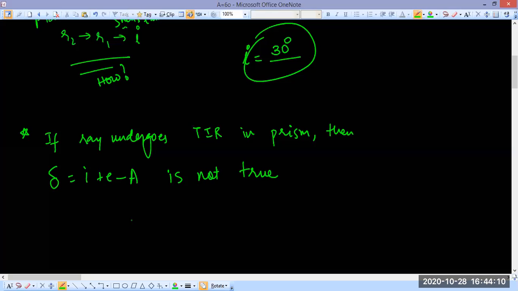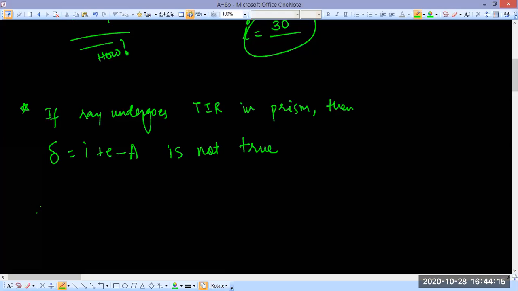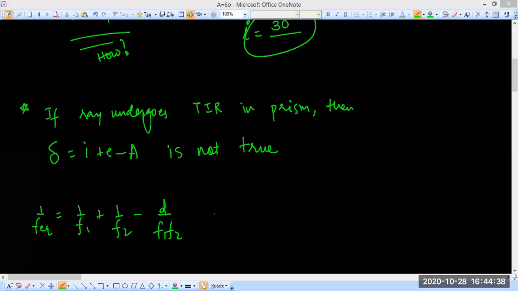Along with that, I remembered, last time I told you that if you want to find the focal length of a lens combination which is at a distance, then we have this formula, right? But then I told you that we should use it very rarely.